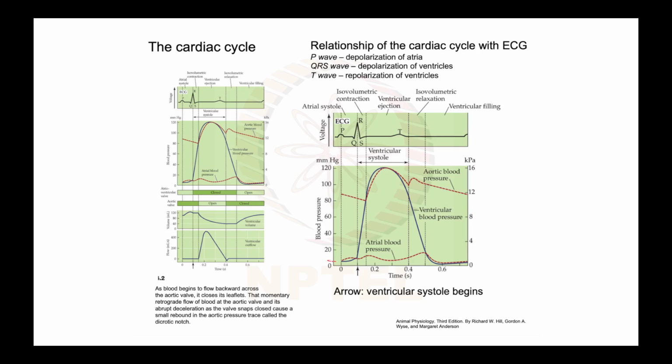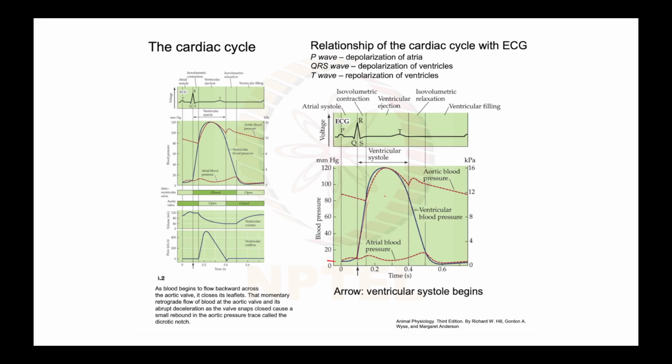Then when ventricular systole of the left ventricle begins, the blood pressure increases, and when it reaches 80 mmHg, the semilunar valve opens.